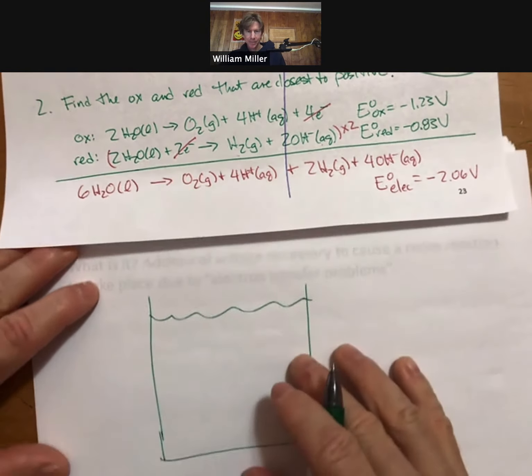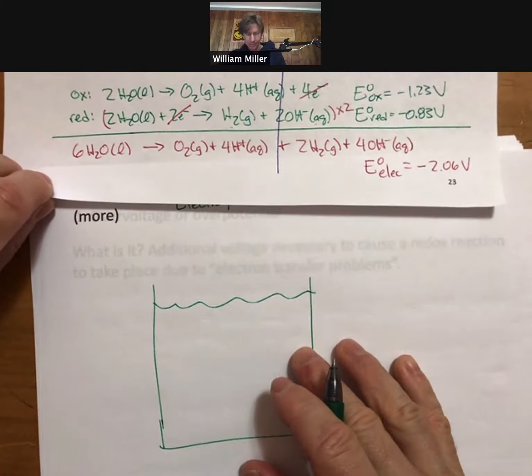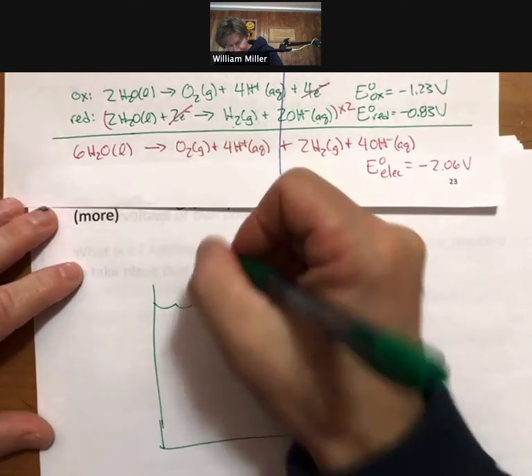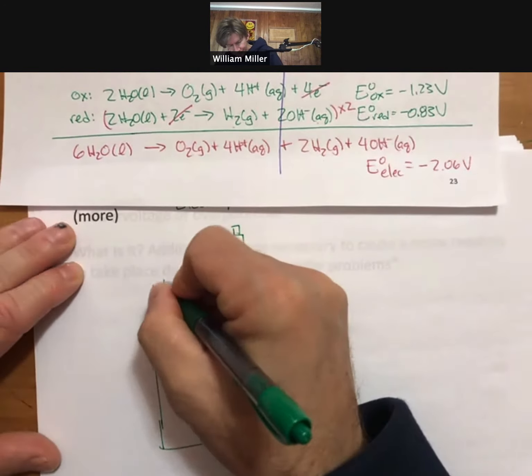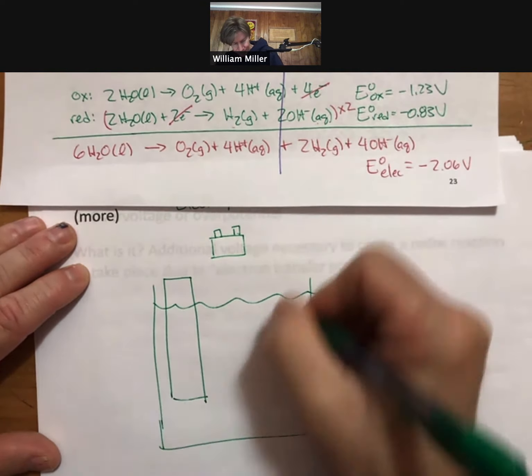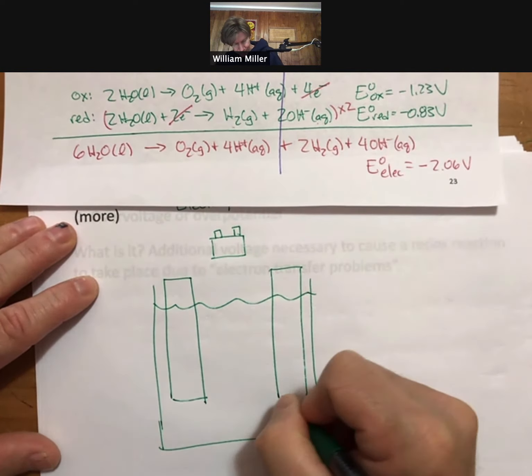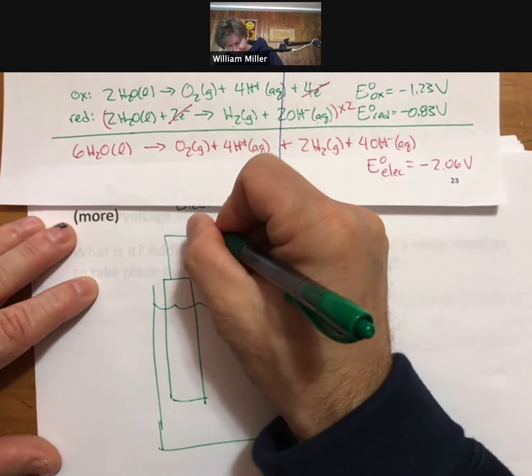One beaker, 1 power supply, 2 electrodes. Hook them up to the power supply.